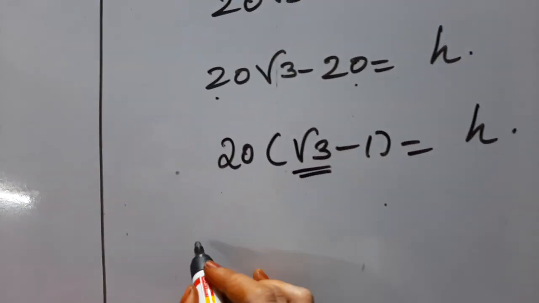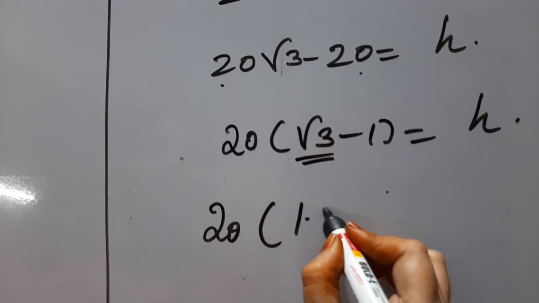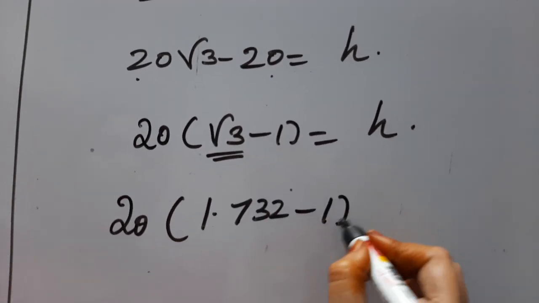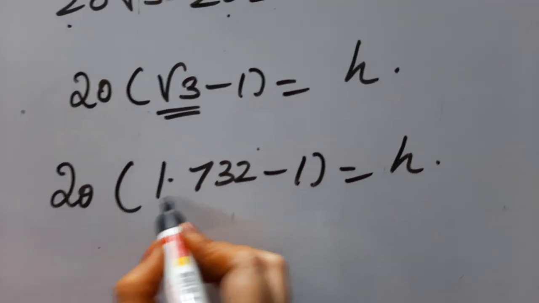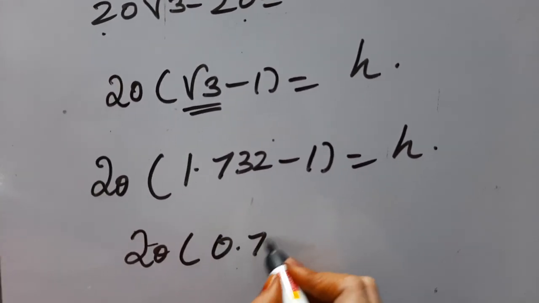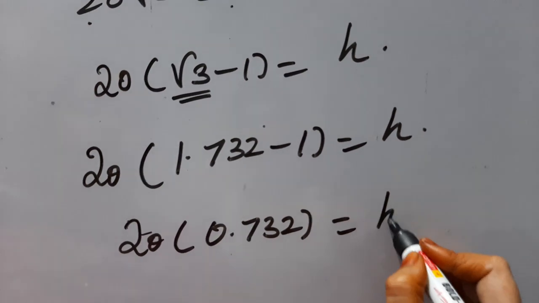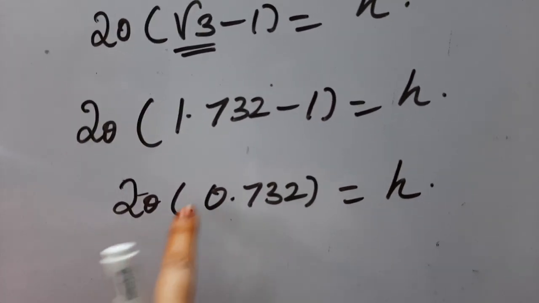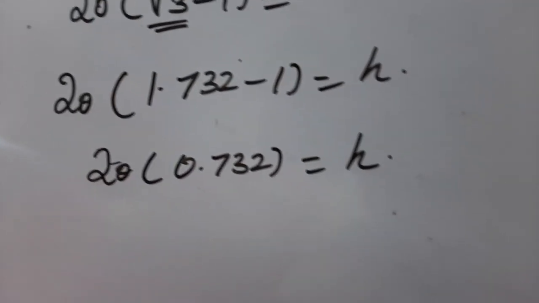What is the value of root 3? We know that, right? Root 3 is 1.732 minus 1, which is equal to H. Subtract 1.732 and 1, what will we get? 20 into 0.732 is the height of the transmission tower. Multiply 20 into 0.732.